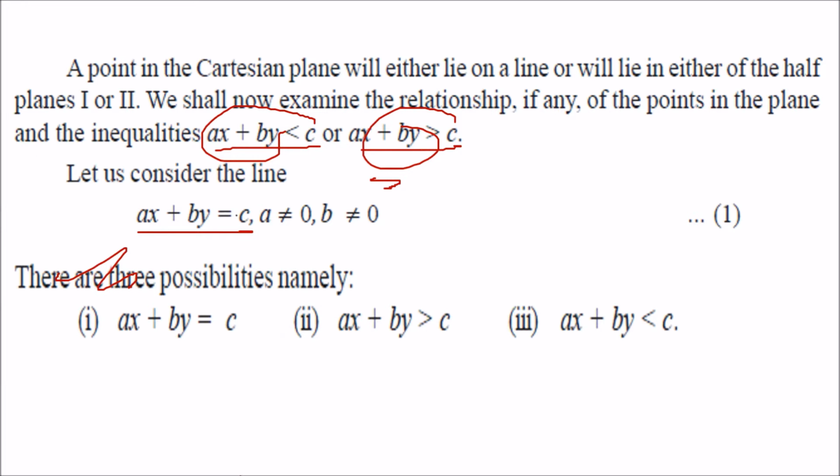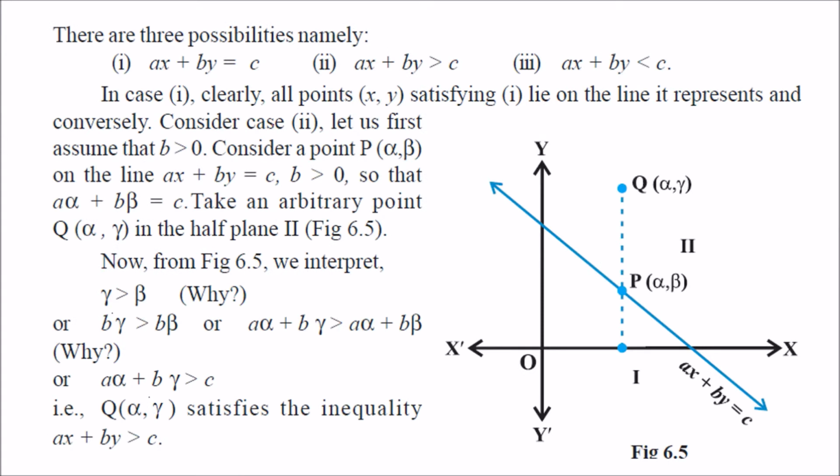So the possibilities are that this can be less than c, greater than c, or equal to c. These are three possibilities. First, either the solution lies on this line, which is this line. If it is less than c, it will lie in this plane. Or if ax plus by is greater than c, it will lie here.